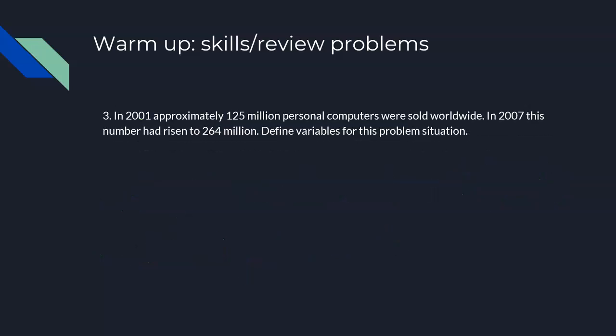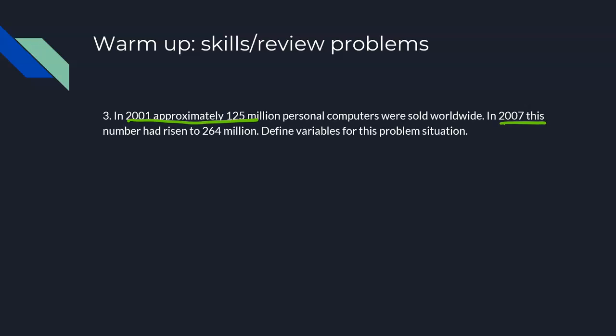Number 3, let's do the same thing. In 2001, approximately 125 million personal computers were sold worldwide. In 2007, this number had risen to 264 million. Define variables for this problem situation. We have in 2001, it was 125.